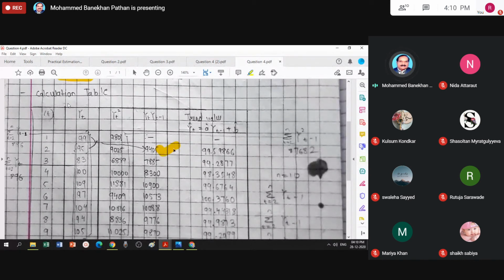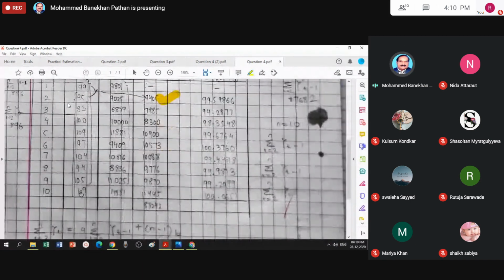Clear, everybody? y2 multiply y1. y3 multiply y2 in front of y3. y4 multiply y3 in front of y4. 109 multiply 105, right in front of 109. This is your last. Now, how to make a total?